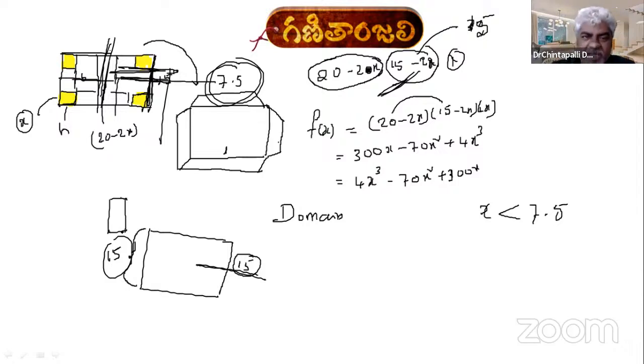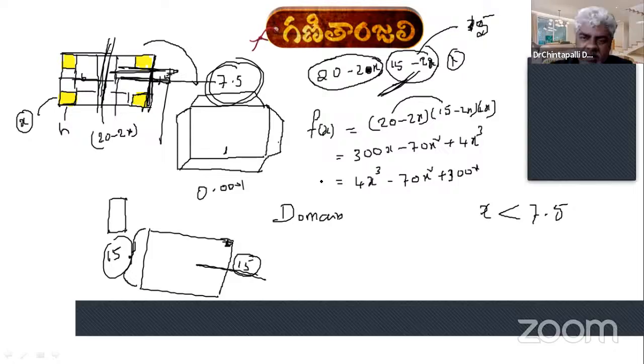And x must be greater than 0. We can't cut a 0 side square. At least it should be 0.01 inches.